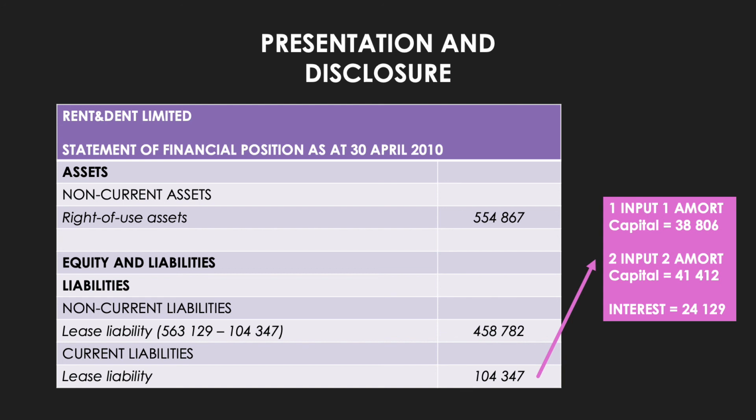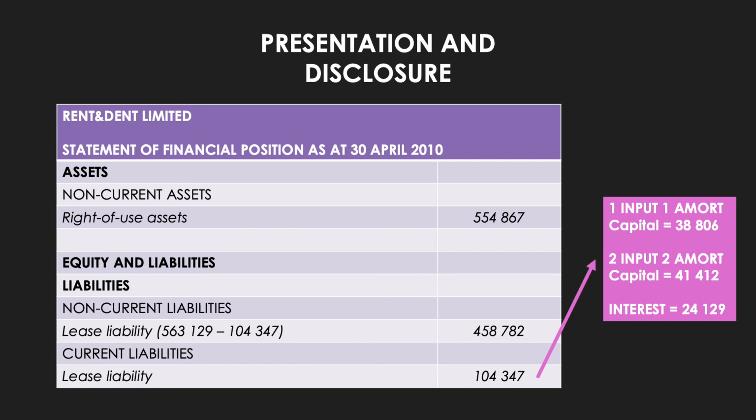The second lease payment is going to be made on the 31st of December 2010, which is 8 months after our year end, and therefore the capital portion that is going to be repaid through that lease payment of 41,412 Rand also represents a current liability. So as you can see from that little box, I have the capital portion of the first lease payment and the capital portion of the second lease payment.